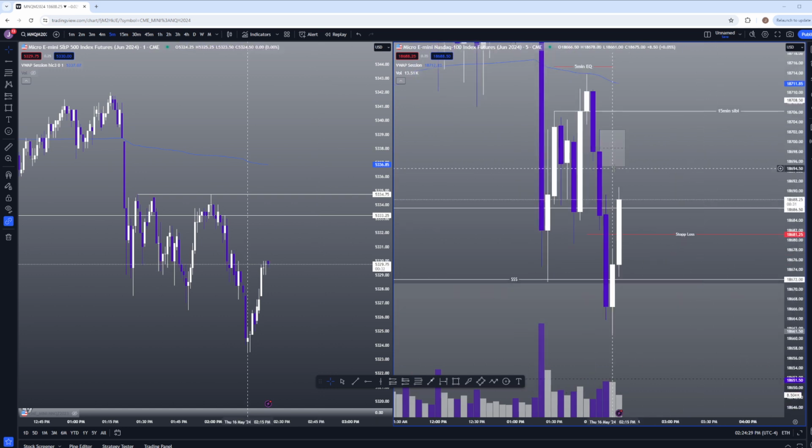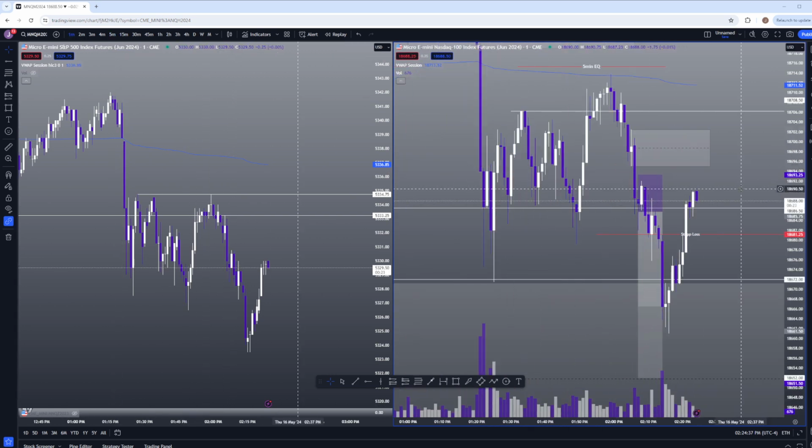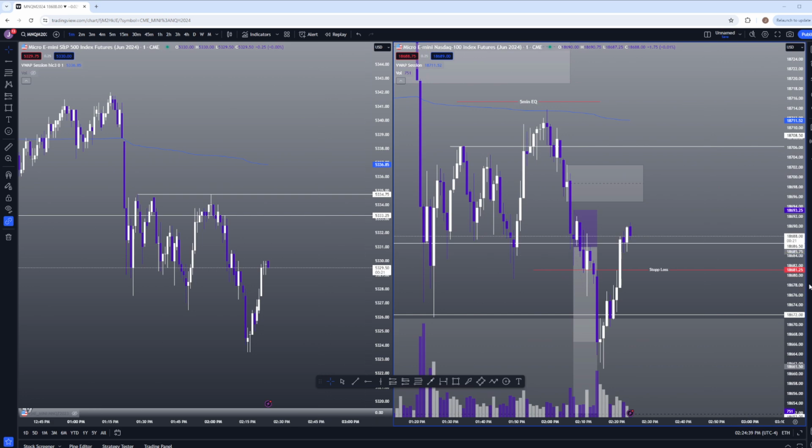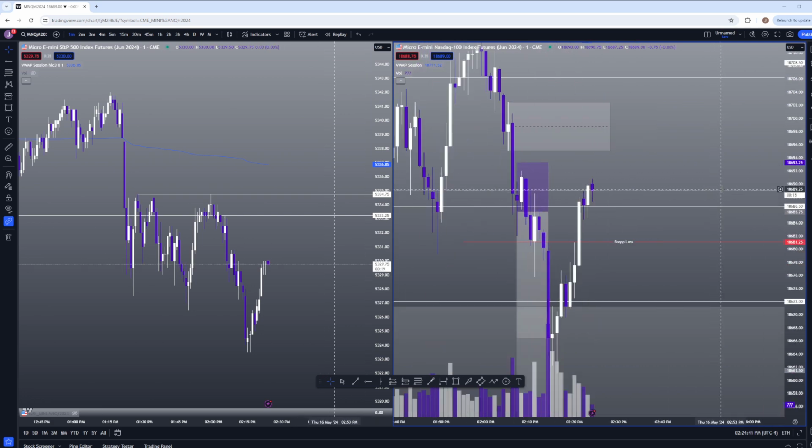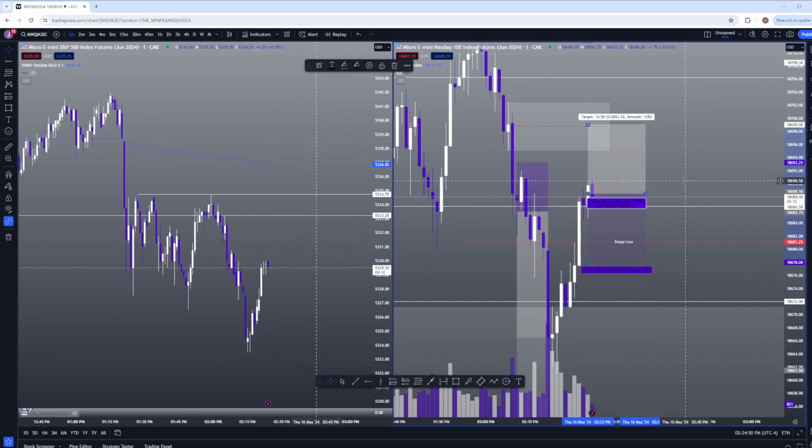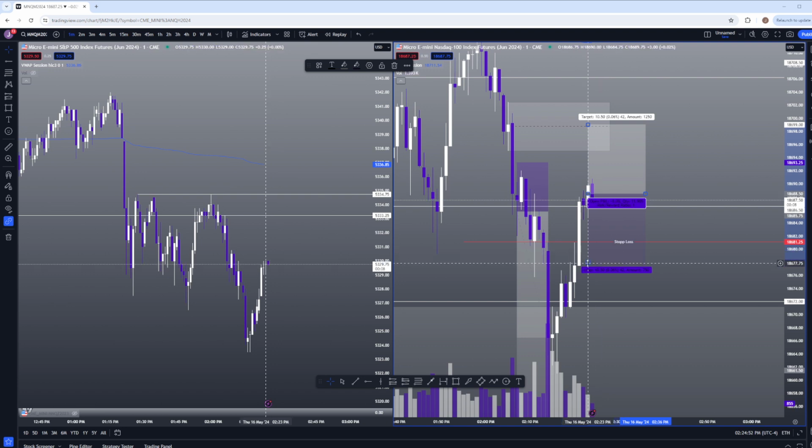Touching that 5 minute bearish fair value gap here, we need to see a strong push through that level. We would need to see a very strong push through that level. But again, these longs are starting to look kind of good here. Just going to wait and see what happens because we do have some resistance levels to still push through.